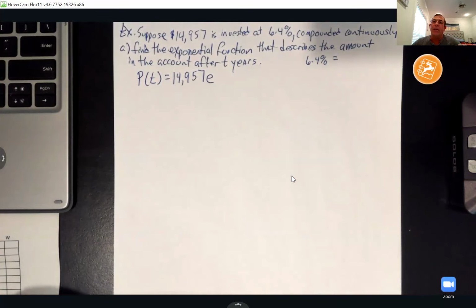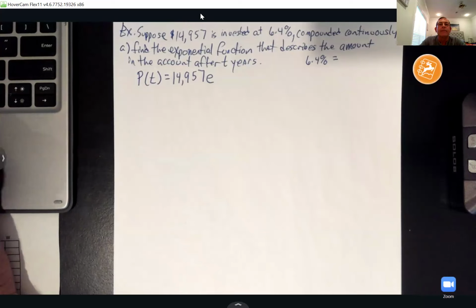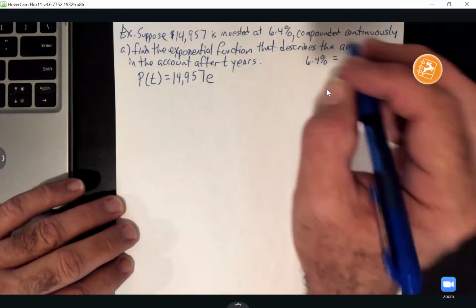So y'all, what do y'all get when you turn that into a decimal? 0.064.